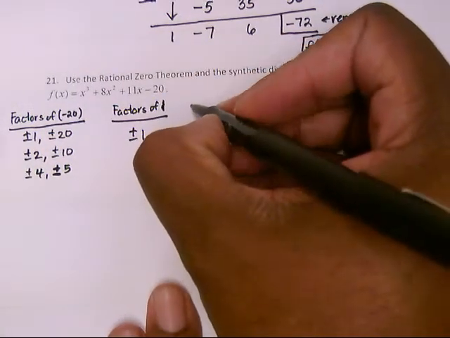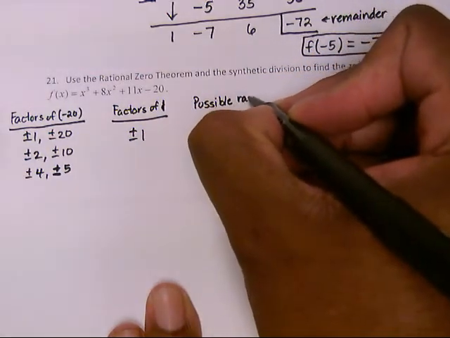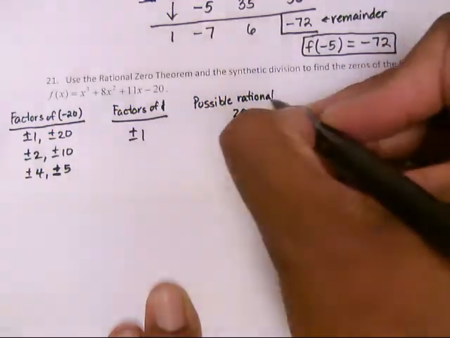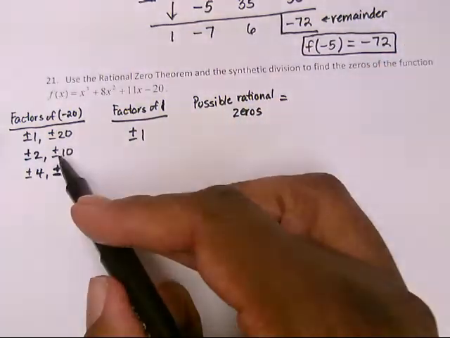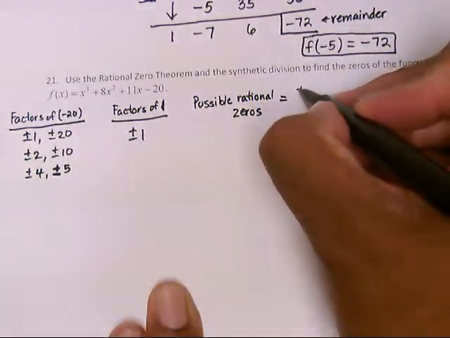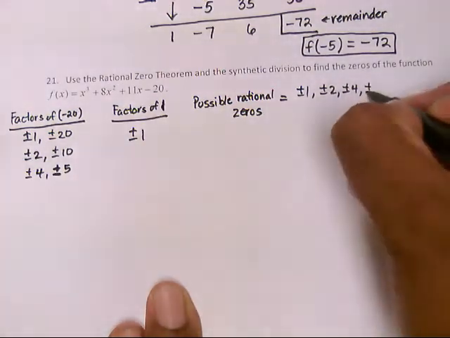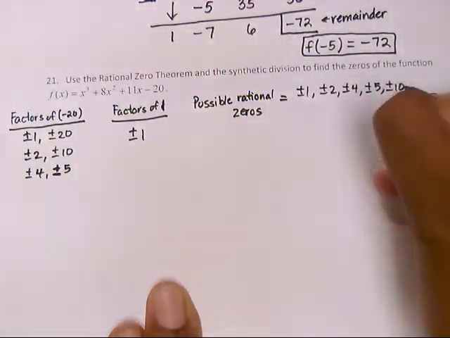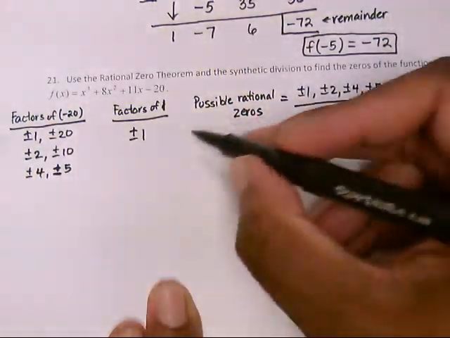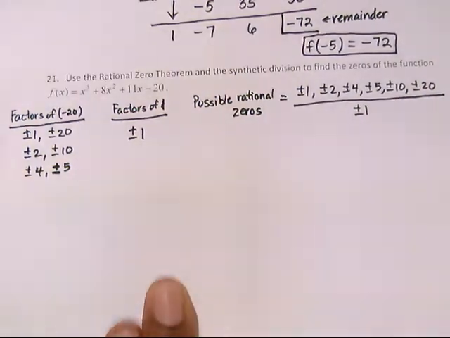Now for my possible rational zeros, it will be the factors of your constant term in numerical order: plus or minus 1, plus or minus 2, plus or minus 4, plus or minus 5, plus or minus 10, plus or minus 20, all divided by the factors of your leading coefficient. And there's only one, that's plus or minus 1.